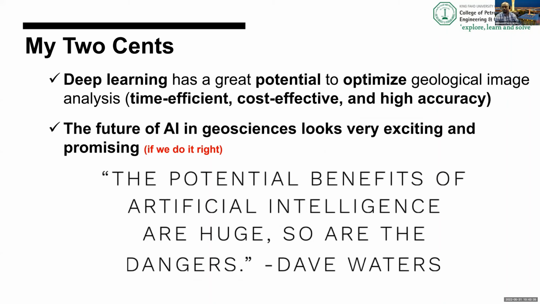So are the dangers, right? We don't want to recklessly apply machine learning everywhere. Once we can do all this in the right manner, carefully, then I think there is almost unlimited potential for applying AI in geoscience.